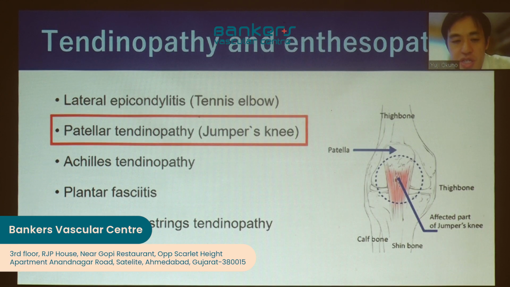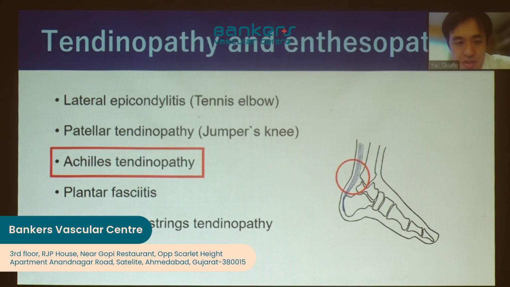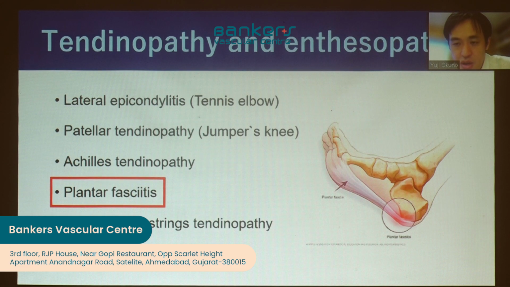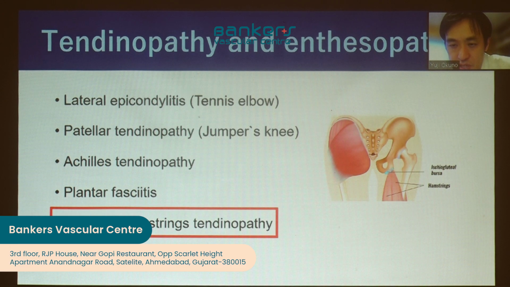Patellar tendinopathy is also called jumper's knee, and this is also difficult to manage. But the embolization procedure is a good treatment option for this condition. Achilles tendinopathy is also very common, and we can treat it by embolization. Plantar fasciitis is a common cause of heel pain, and proximal hamstring tendinopathy is a common cause of hip pain.